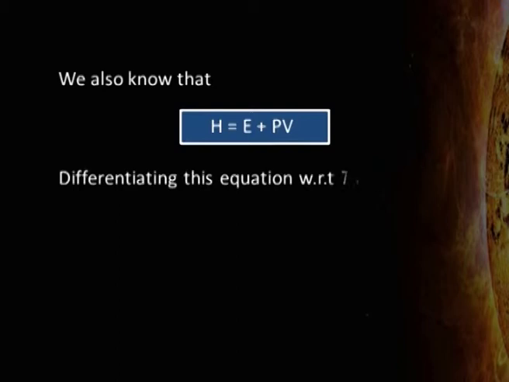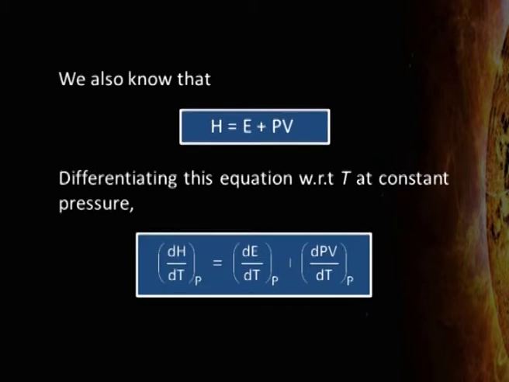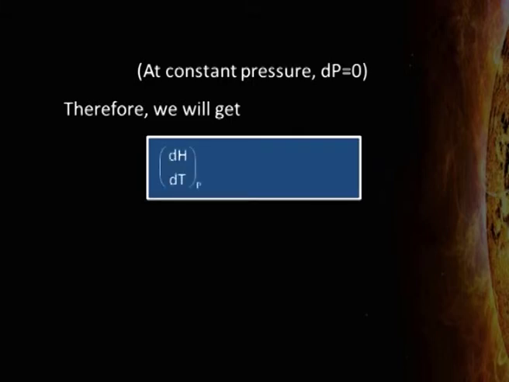Differentiating this equation with respect to T, we will get dH by dt at constant pressure, which is equal to dE by dt at constant pressure plus dPV by dt at constant pressure. But dP at constant pressure will be equal to 0. Therefore, we will get dH by dt at constant pressure equal to dE by dt at constant pressure plus PdV by dt at constant pressure.